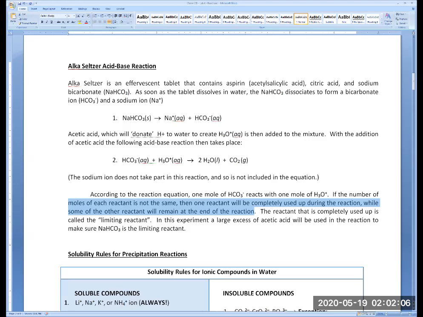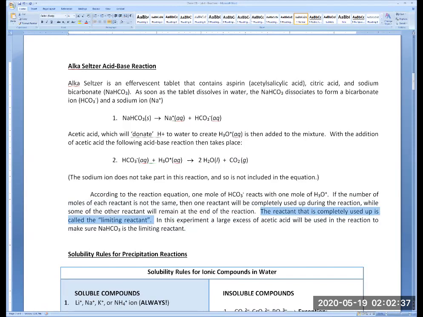Because the proportions here are 1 to 1, if you have more of one than the other, there will be some leftover for the one in larger quantity, and the one in smaller quantity will be completely used up. And so the reactant that is completely used up is called the limiting reactant.